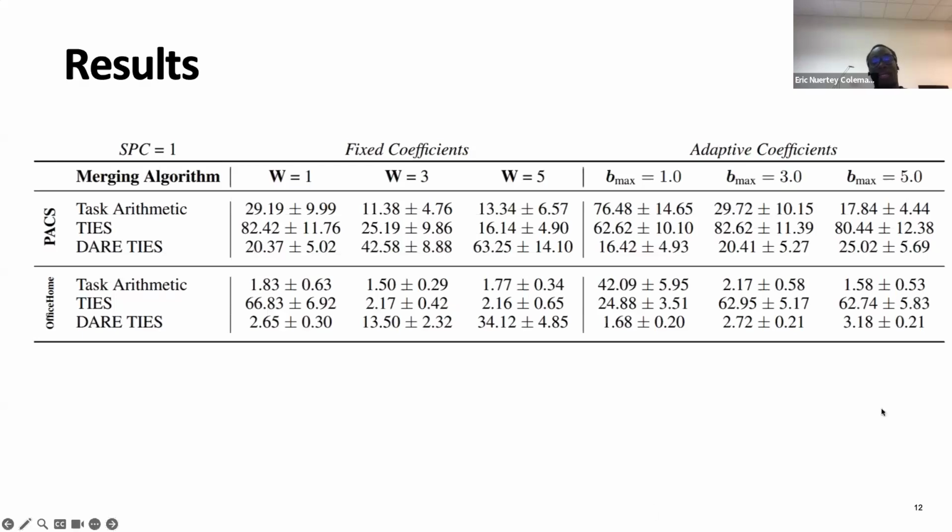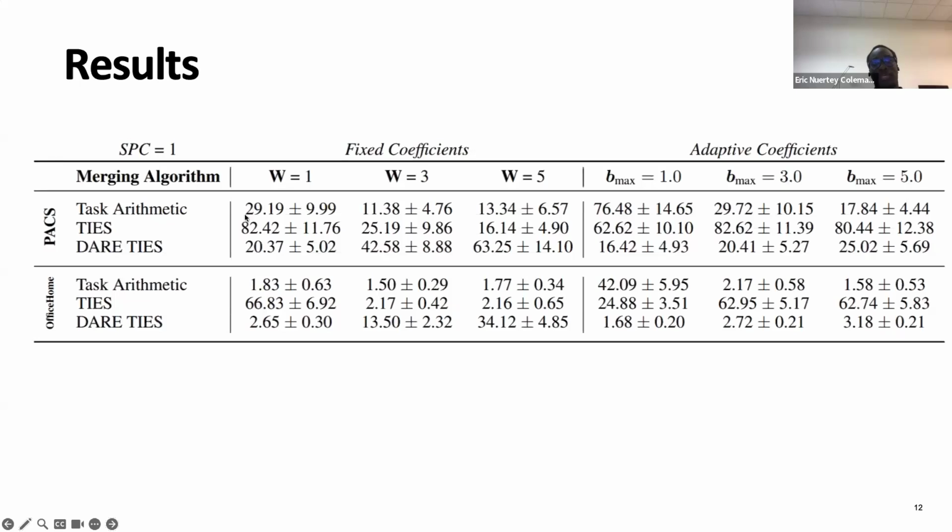So given your benchmark and your merging algorithm, you use equal weights of 1 for TIES or for task arithmetic, or equal weights of 3. So we test with different values, and then what you see is that depending on the number you use, the difference is very great.